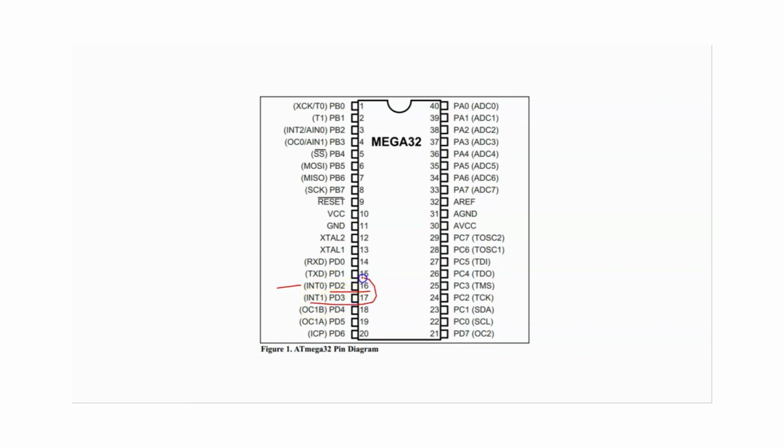Interrupt 1 is pin number 17, and there is one more interrupt for this microcontroller. Because each microcontroller may have a different number of interrupts, the interrupts may vary according to different families of microcontrollers. So the third interrupt for this microcontroller is this one, interrupt 2.